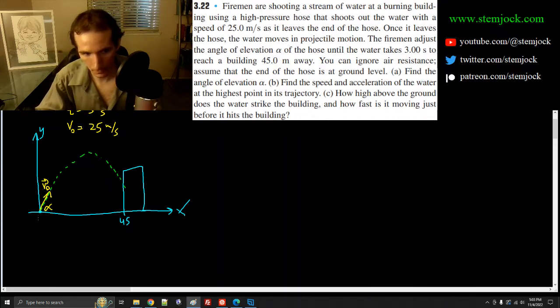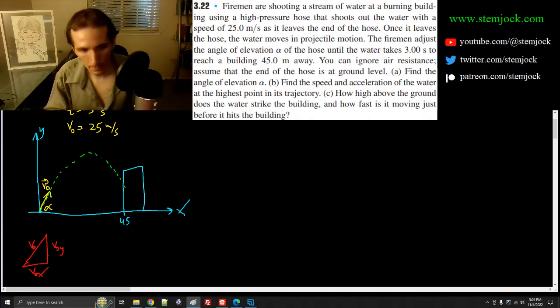So this here is the triangle. The hypotenuse is v0, which is 25 meters per second. Vertically, it's going to be v0y. And the component of the initial velocity along the horizontal is v0x. And the angle here is alpha.